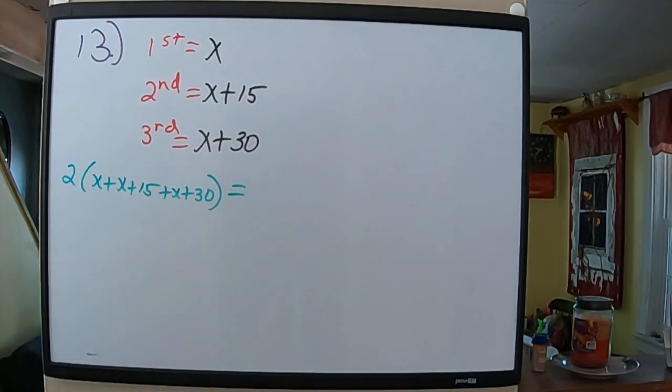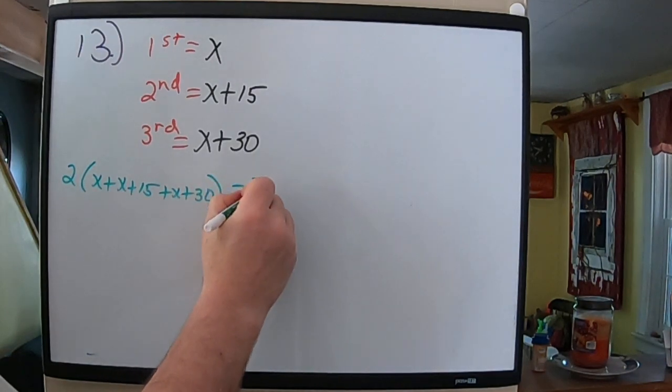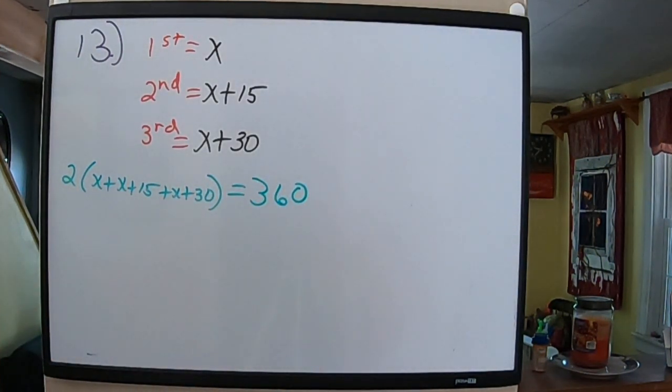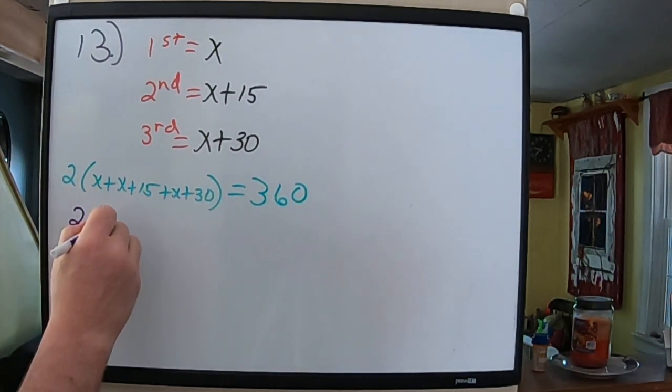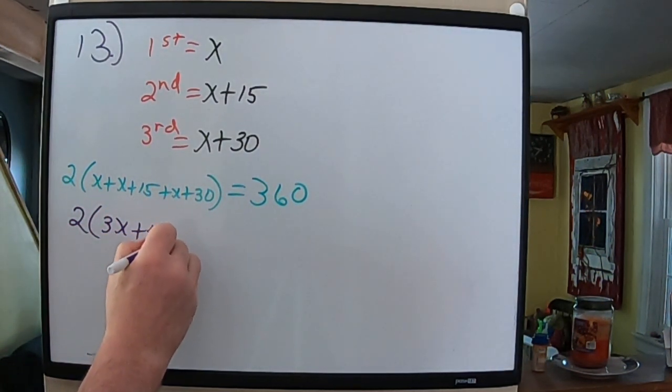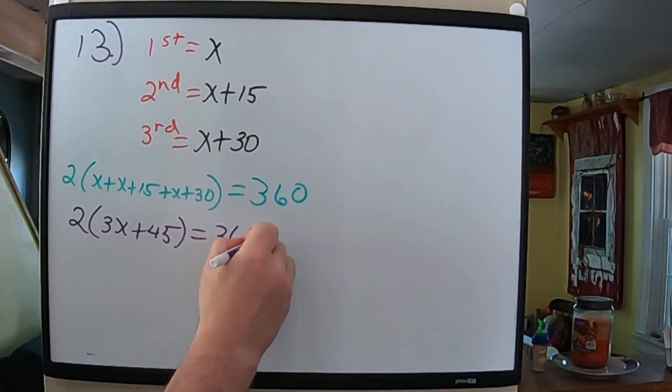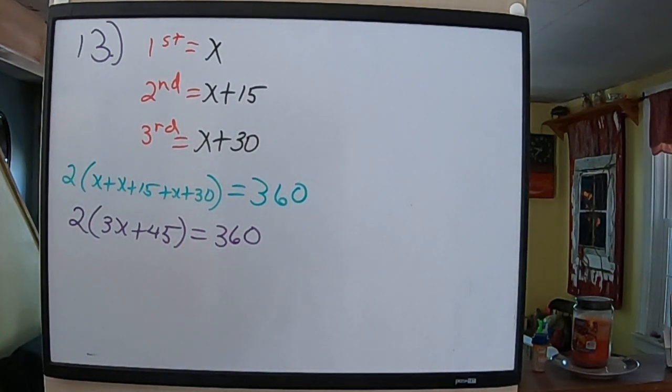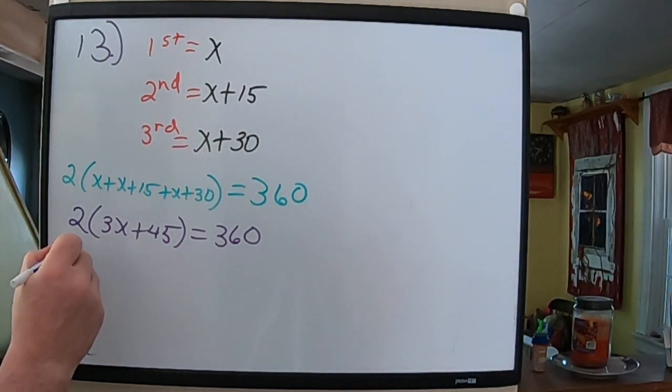Twice their sum is 360. So you could have either written it that way, or you could have said 3x plus 45, and then distributed the 2. You could distribute the 2 here and then combine like terms. Any of those ways is fine.